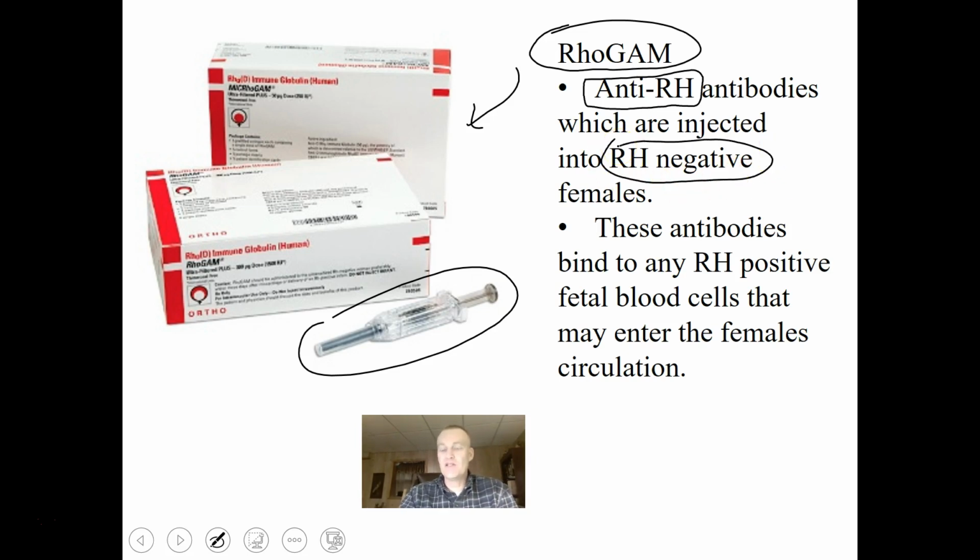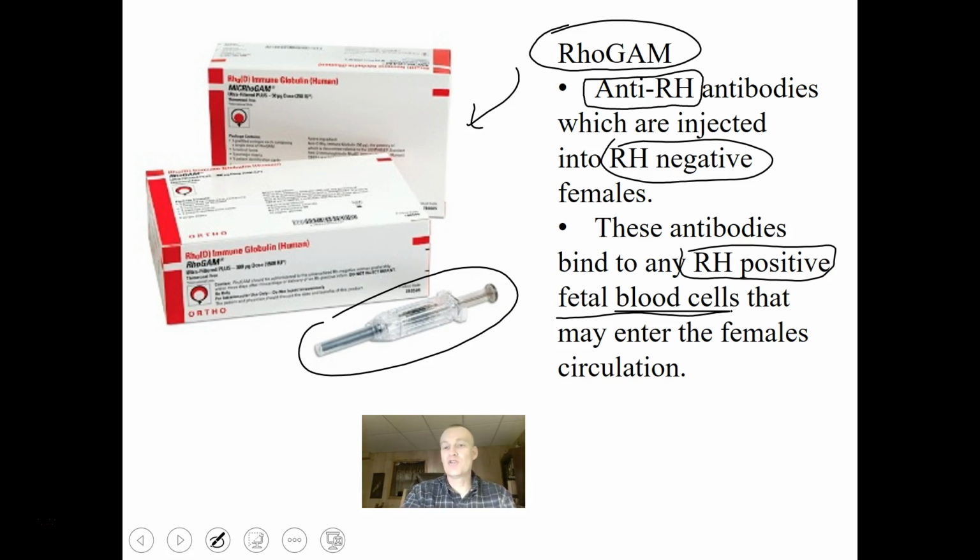What these antibodies do is they bind any Rh positive fetal cells that are in the mom's circulation, and since they bind to those fetal cells, they don't allow the mother to react to them, and therefore she doesn't have any immune reaction. She doesn't produce antibodies to the Rh factor.